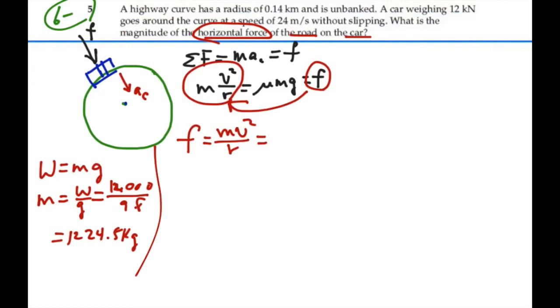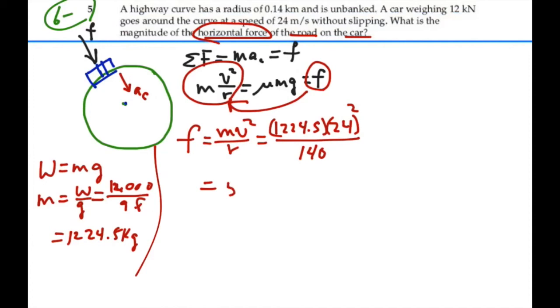So going back to this, it's going to be 1,224.5 kilograms times the velocity, which is 24 meters per second, squared, over the radius of curvature, which is 140 meters, 0.14 kilometers. So that will be our frictional force. That times 24 squared divided by 140 is 5,037.9.